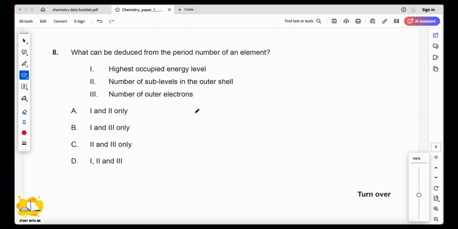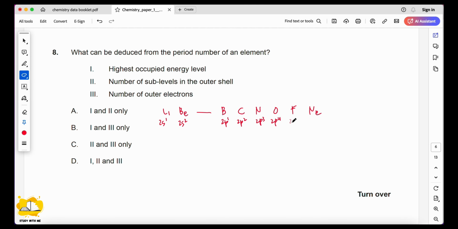What can be deduced from the period number of an element? I will take the example of period 2: Li, Be, and then B, C, N, O, F, and Ne. So the electron configurations will be 2s1, 2s2, 2p1, 2p2, 2p3, up to 2p6.